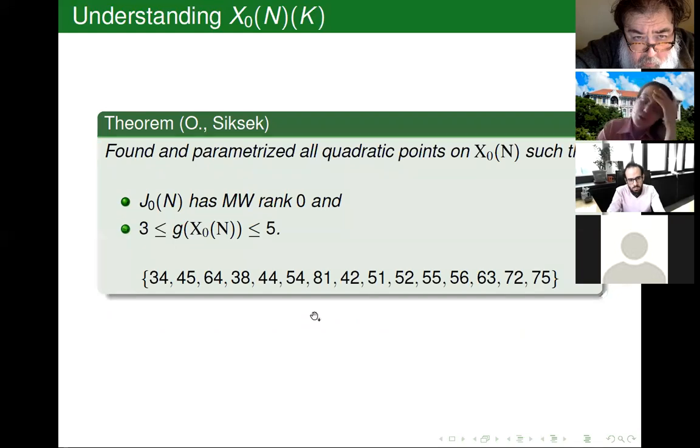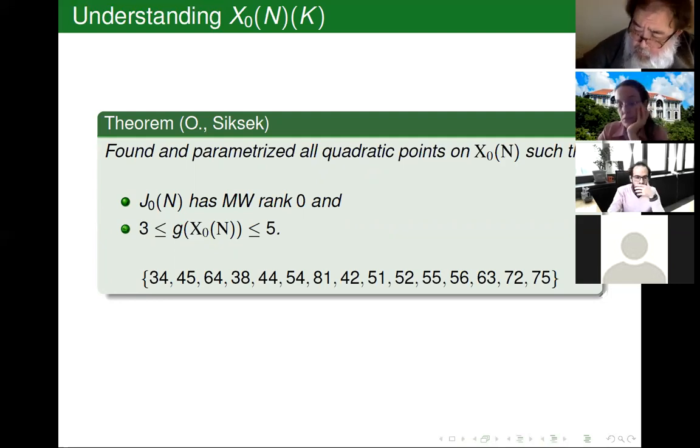After those, we proved, together with Samir Siksek, a result about quadratic points on X0n under the constraints that, again, the Jacobian has 0 modular rank, and the genera of the curves are between 3 and 5. So this gives, again, another finite list of n.